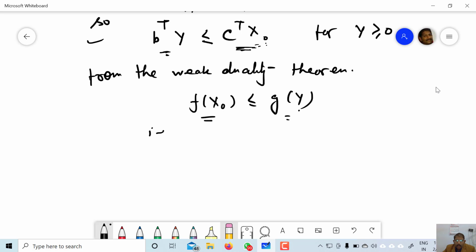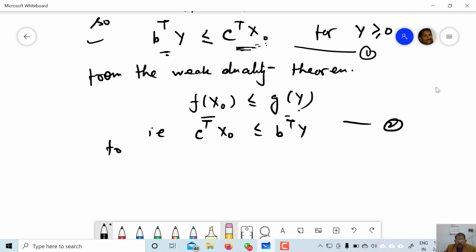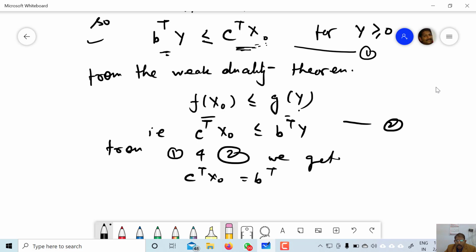So if this is larger than this, we can write the condition as c^T x0 is less than or equal to b^T y. This is equation number 1 and this is equation number 2. So merging equations 1 and 2, we get c^T x0 is equal to b^T y.